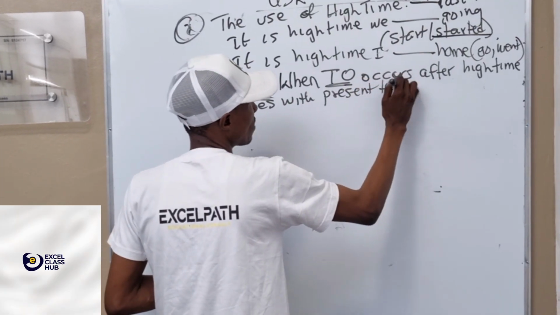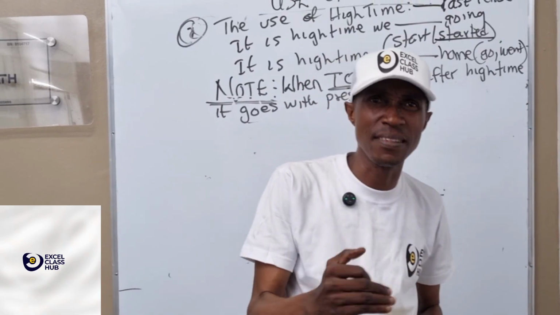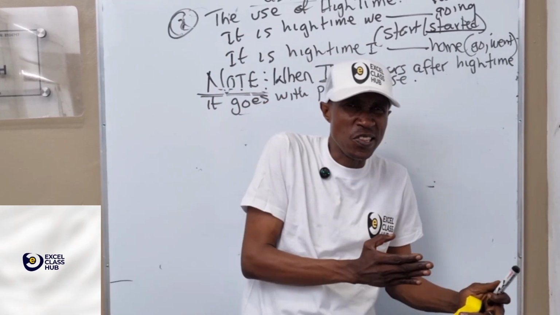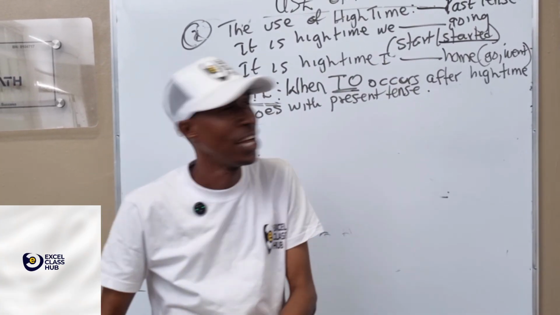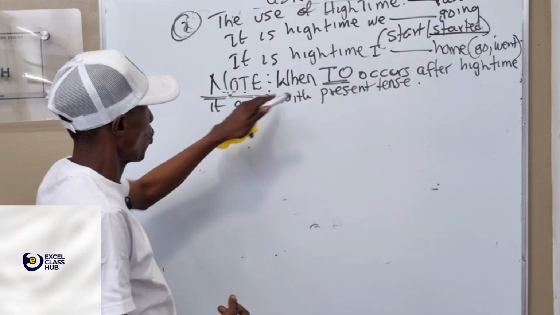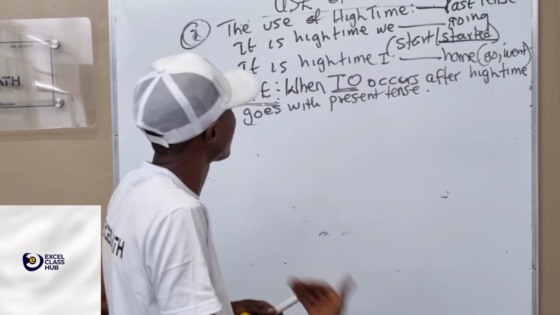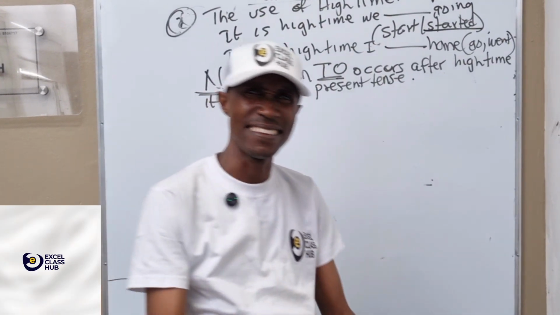It goes with present tense. English language is not mathematics. When you follow this principle, as time goes on, the principle changes. So look at now. We are told that when to occurs after high time, it goes with present tense.